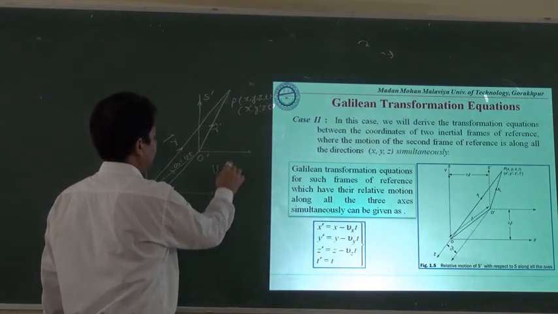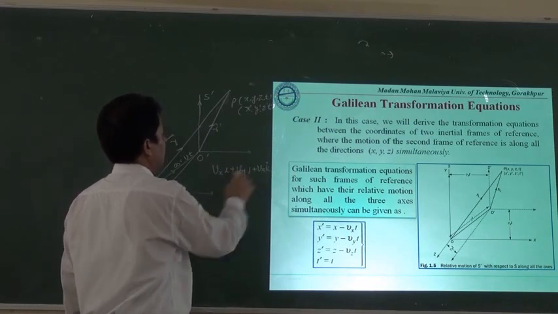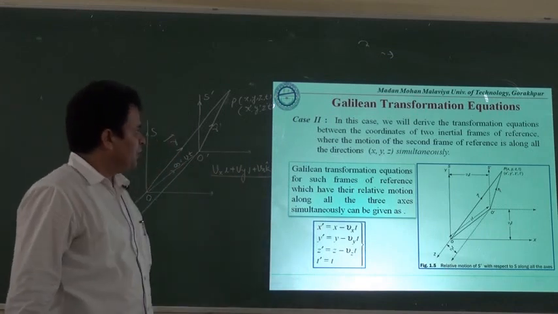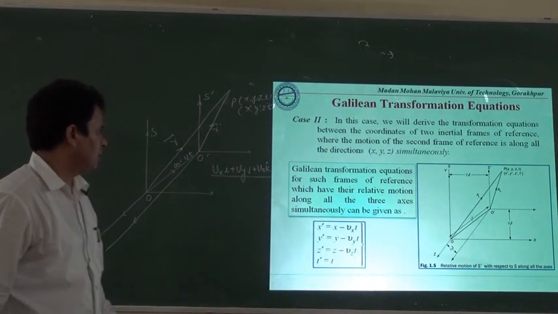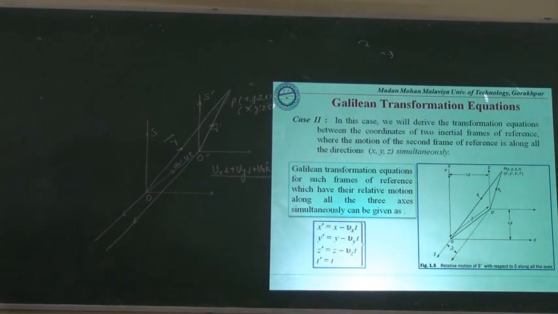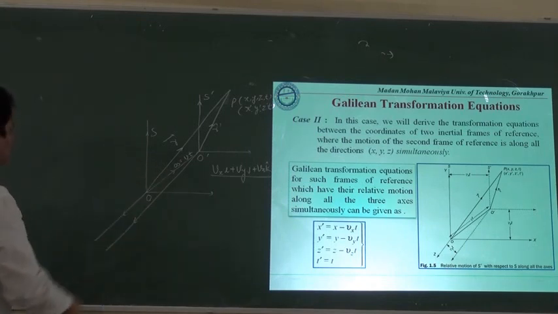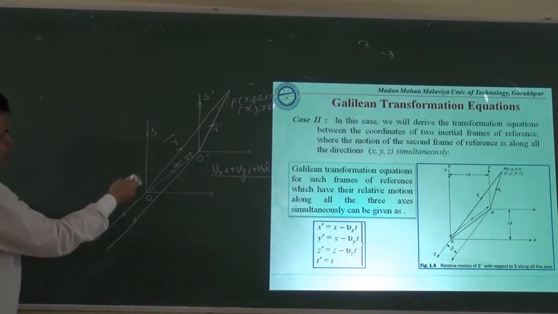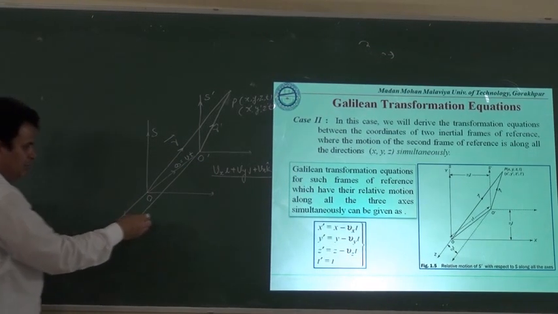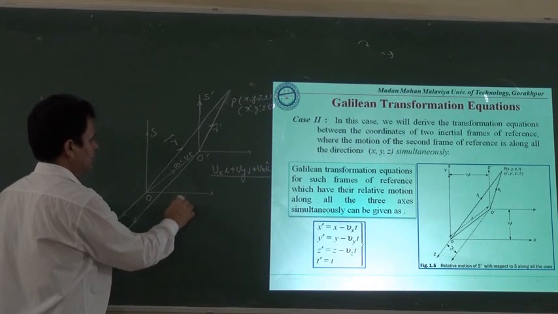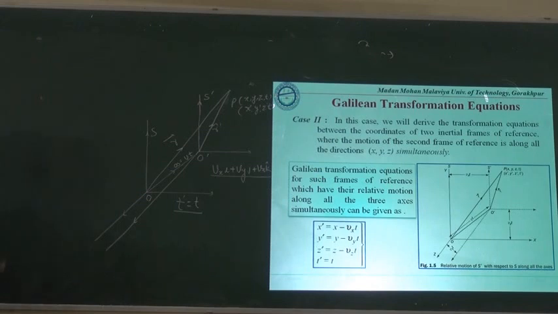That's why we have V equal to Vx i plus Vy j plus Vz k, where Vx, Vy, Vz are the components along the X, Y and Z directions. Now for the relation between X and X dash, Y and Y dash, Z and Z dash, and T and T dash, we need not transform T, because Galileo has already stated that T dash is equal to T, as time is independent of space.